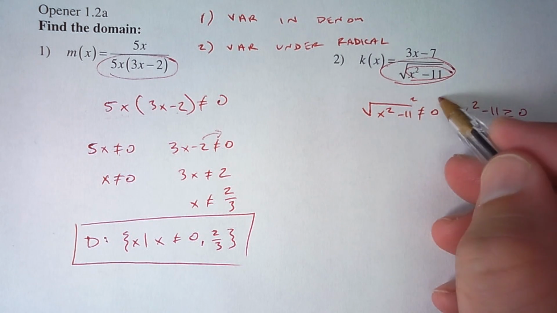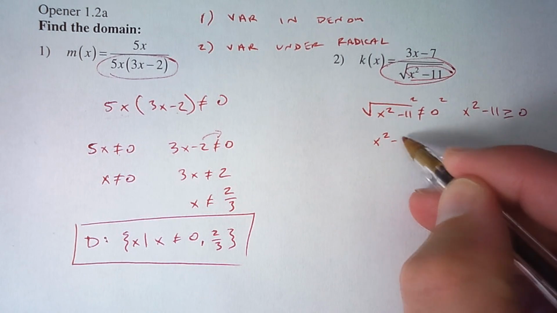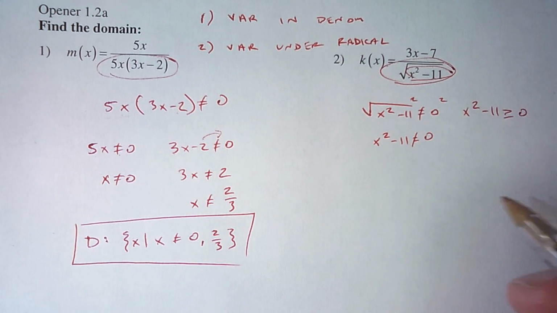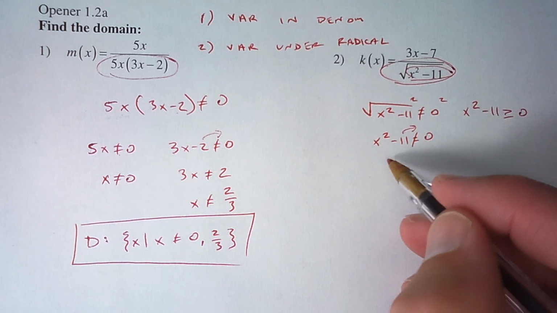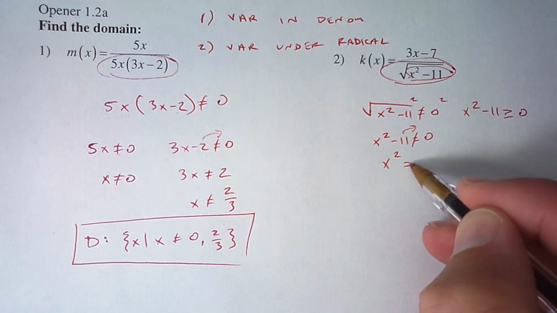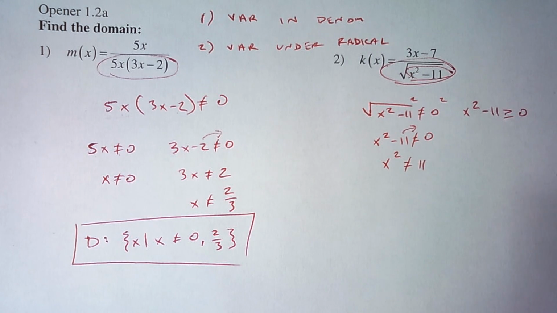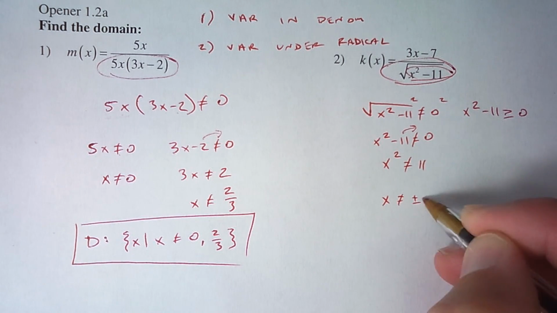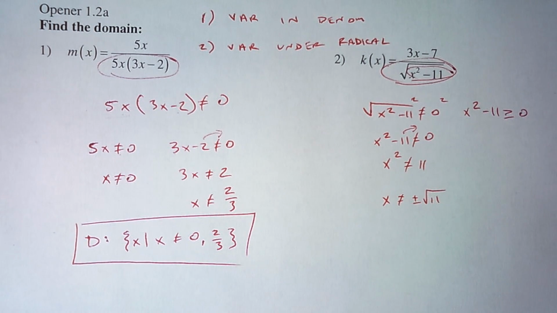So here, I'm going to square both sides. So x squared minus 11 cannot equal 0 squared, which is 0. I'll move this over. X squared cannot equal 11. And then I'll take a square root. X cannot equal plus or minus the square root of 11.